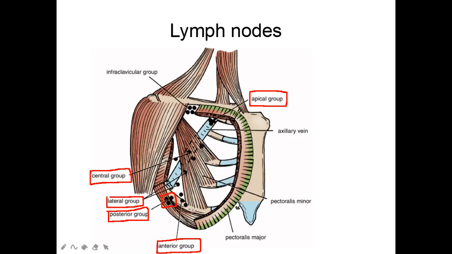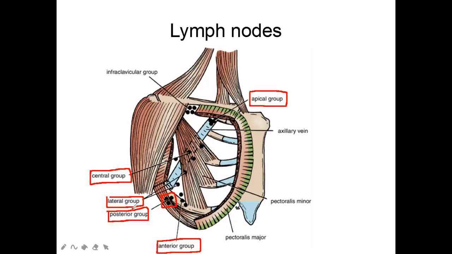All right. Then we have the anterior group that is located at the lower border of the pectoralis minor. I'll talk about how lymph moves within these nodes. Lymph will be ascending upwards.